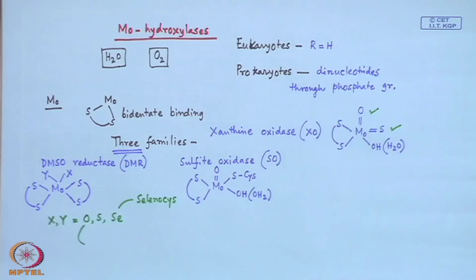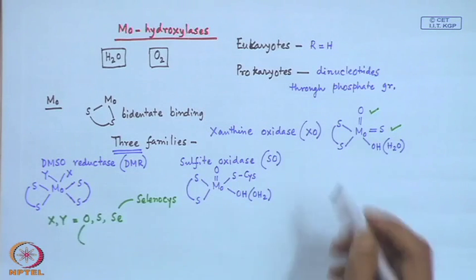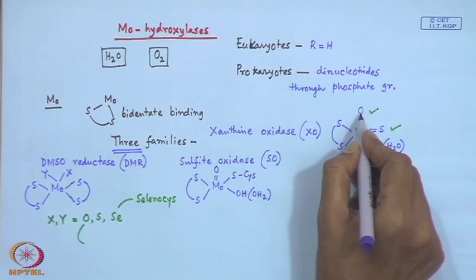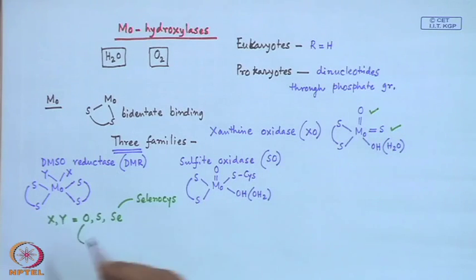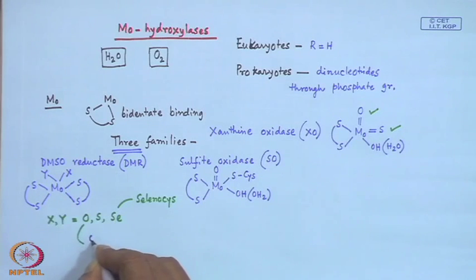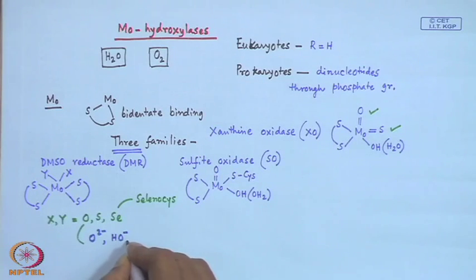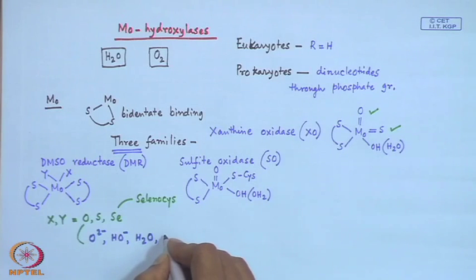and this oxygen also can vary a lot. Already we have seen it can be your oxido, it can be your hydroxido, or it can be your water. So, you can have O2 minus for these oxygens, it can be HO minus, it can be water, and above these 3 you can have the free amino acids also, sometimes the serine residue, the carboxy function of the amino acid, and aspartic acid also.